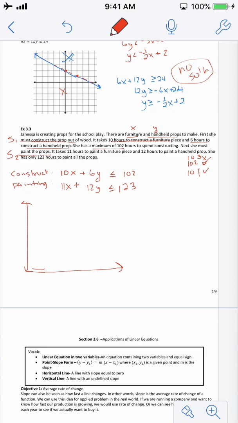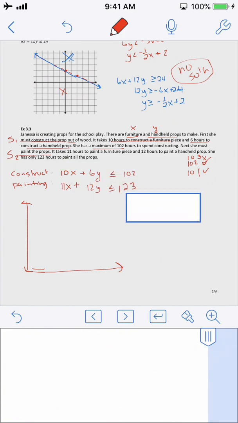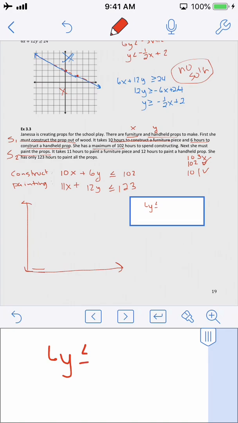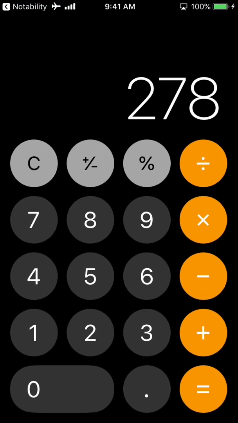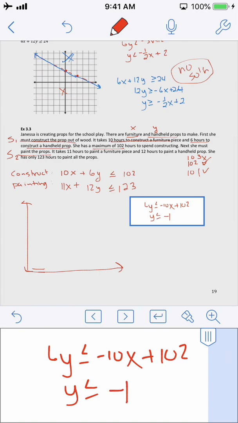Alright, so now let's solve these real fast for y. 6y less than or equal to negative 10x plus 102. y less than or equal to negative 5/3 x plus 17.